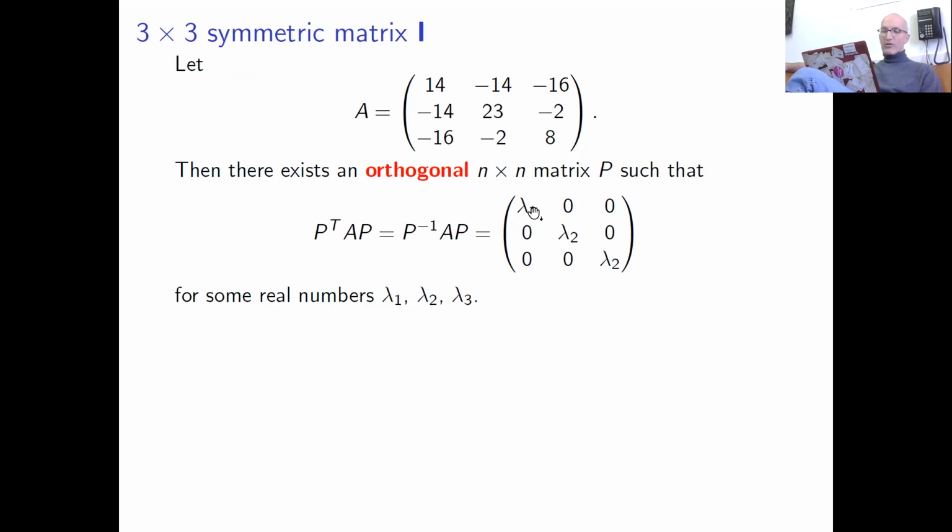We already know that lambda 1, lambda 2, lambda 3 are eigenvalues of my matrix A. To find this matrix P, I have to find, first of all, these numbers. These numbers are the roots of the characteristic polynomial. Then for each of these numbers, I have to find the corresponding eigenvector.